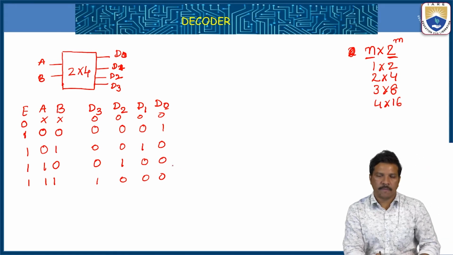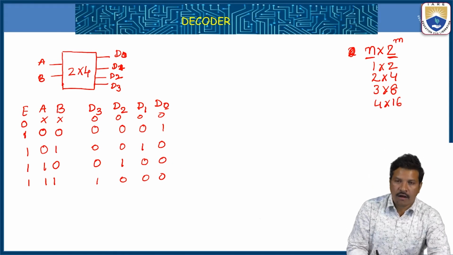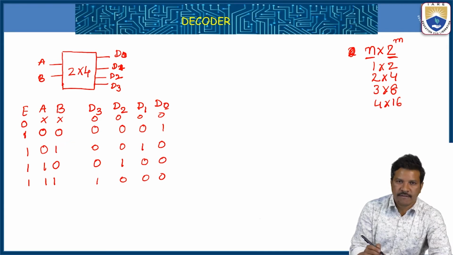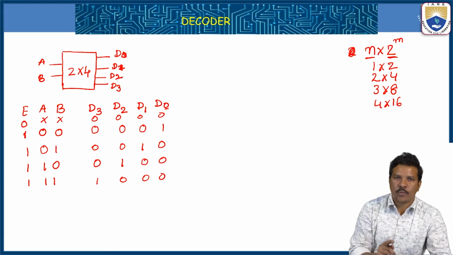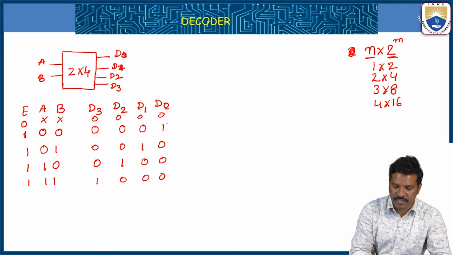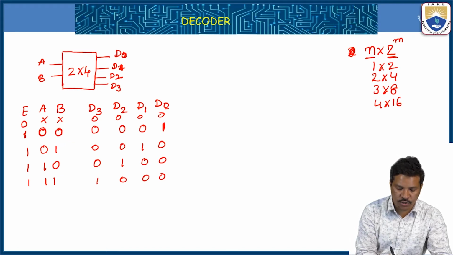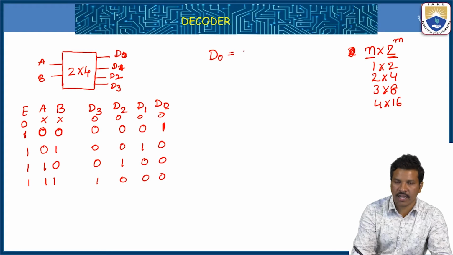If you observe here, in all cases among the 4 input combinations of AB, 00, 01, 10, 11, at a time only one output is high. That output is high only for its corresponding input combination, its minterm. So by inspection, we can directly write the Boolean functions: D0 is A bar B bar, because A is 0 and B is 0.